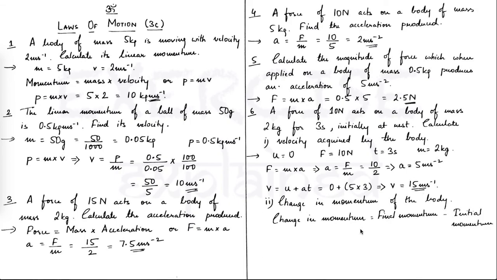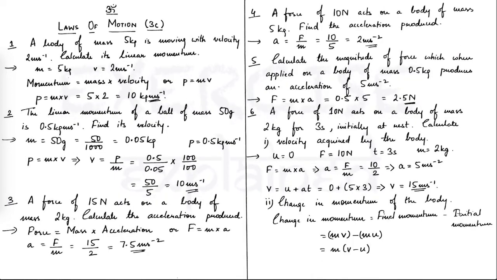The question has another part. It asks change in momentum of the body. So change in momentum will be equal to final momentum minus initial momentum. Now final momentum I can write it as mass into final velocity, and initial momentum I can write it as mass into initial velocity. So here I have written mv minus mu.